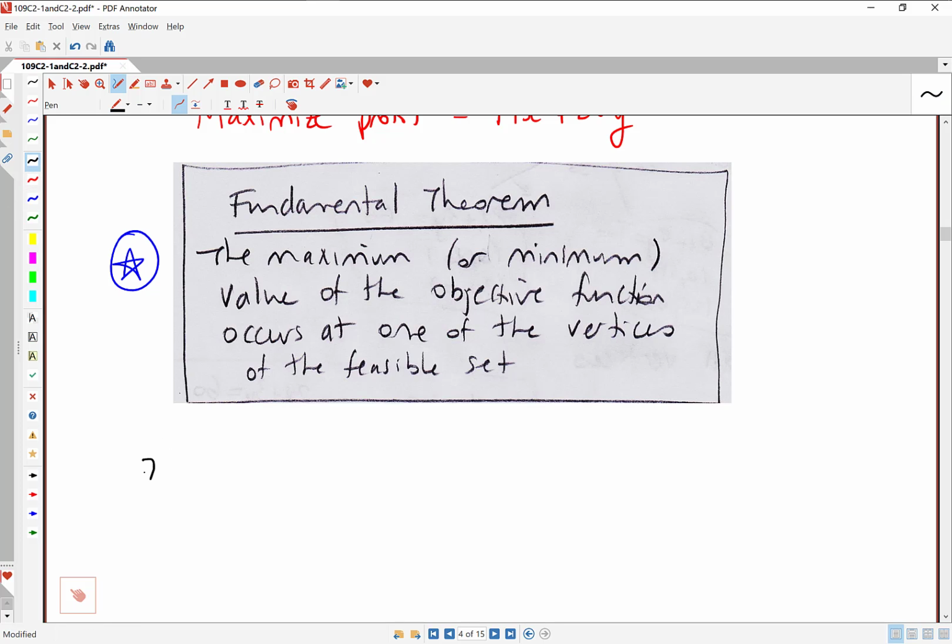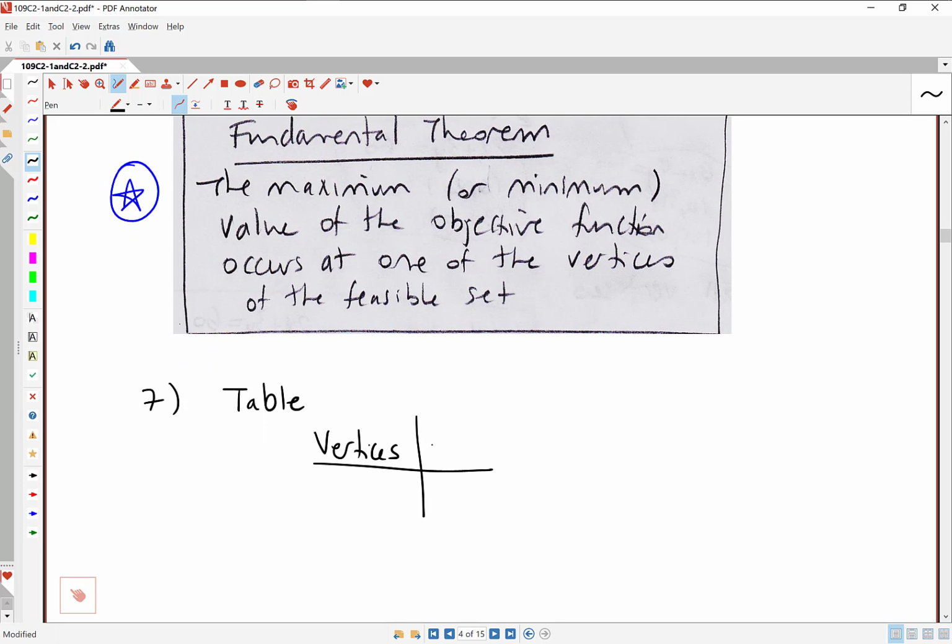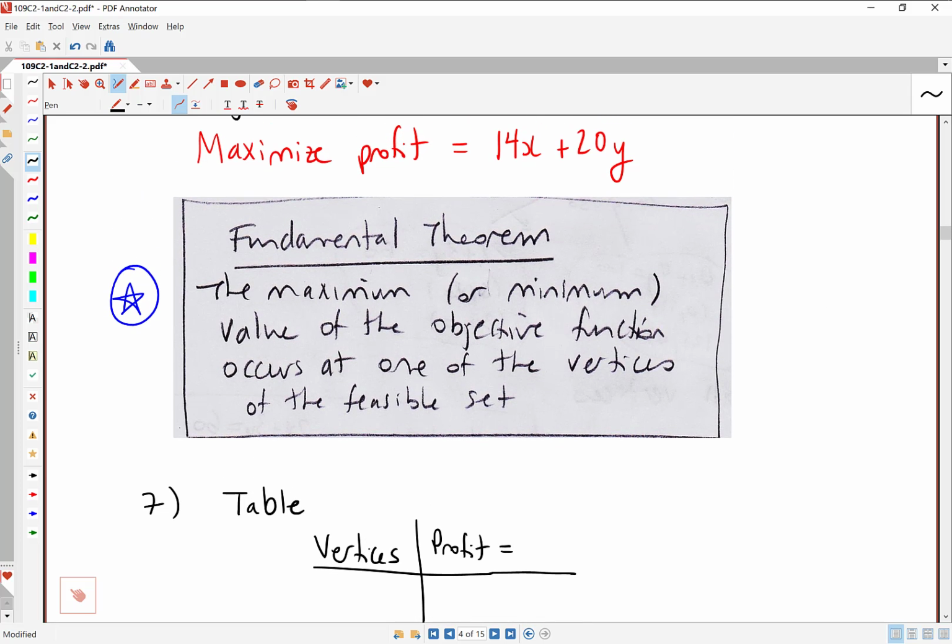In step 7, we're going to make a little table, and all it's going to do is just list our different vertices. And for each of the vertices, we're going to just calculate what our profit is at that vertex. So every vertex represents a combination of chairs and tables, and for each combination, we're going to just calculate this quantity 14x plus 20y.